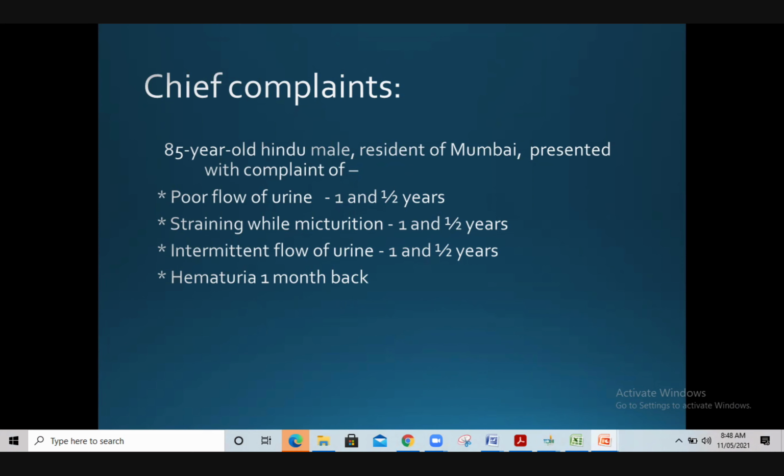Any associated urgency or urge incontinence? No. Anything else in the LUTS you want to ask, which is more relevant? Dysuria, burning micturition? No complaint of dysuria.